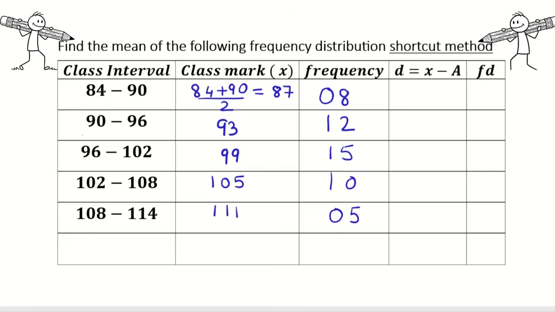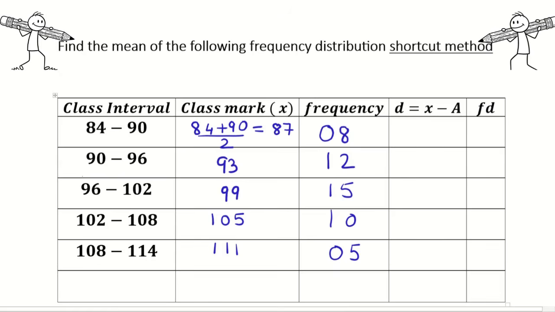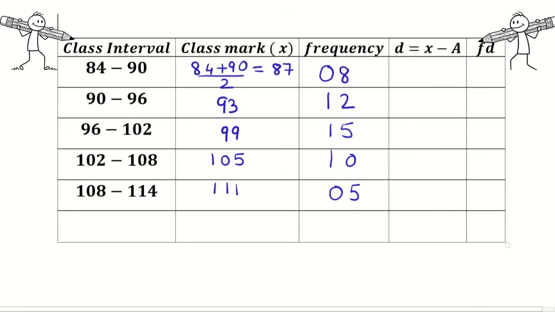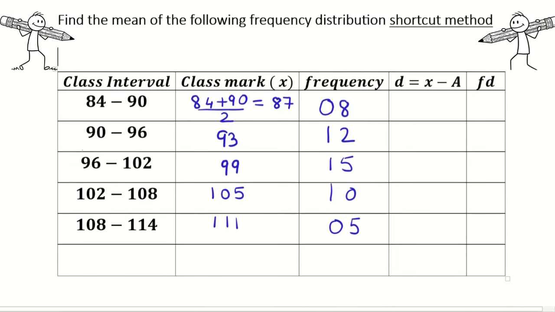Once we have completed this, the first question arises: we have to make the calculation easy. To make the calculation easy, we have got D into the picture. What is this D? D is deviation, meaning we have to assume something over here. Assumption can be anything.